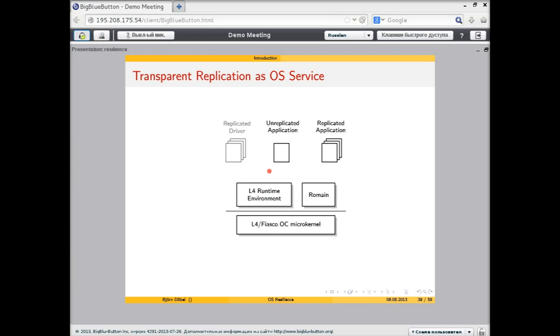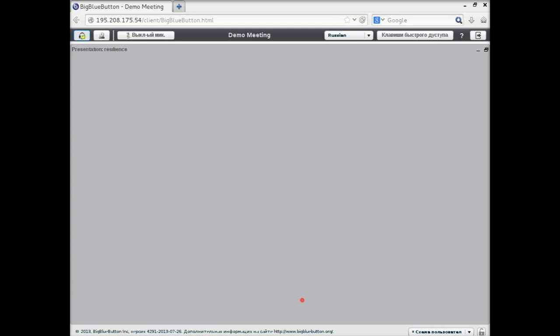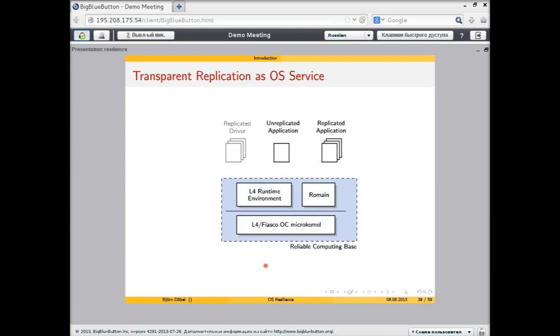So this leaves us with one problem. We're now building this whole operating system architecture that allows us to run applications in a replicated manner and thereby detect and correct errors, which is a good thing. However, we still have a few components below the replicated applications, which are required so that the system works.